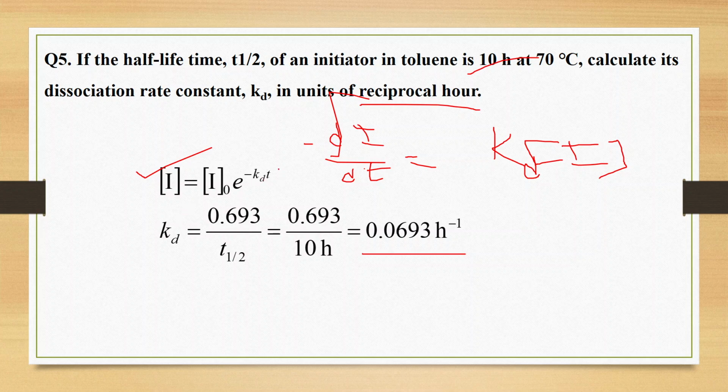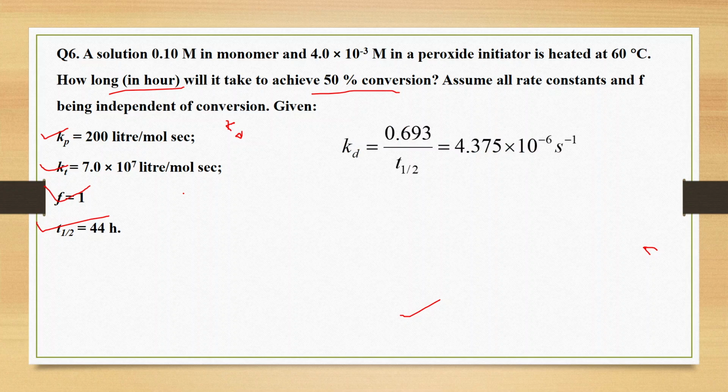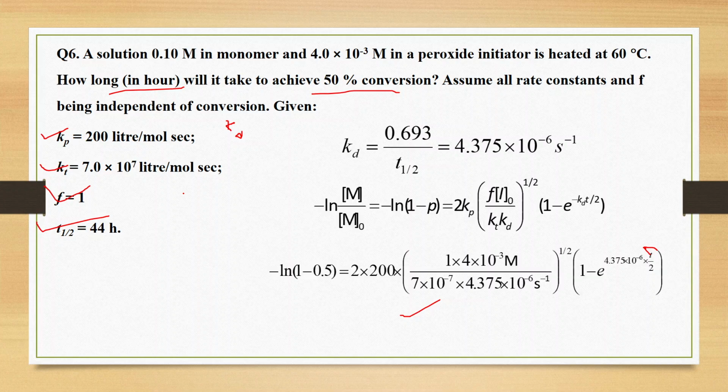Once you solve that, your t half will come as 0.693 by kd. Okay, this is the same equation that you use everywhere for a first order rate constant. So by this formula we calculated kd, and for this problem as well we calculated kd using the same formula, 0.693 by t half.